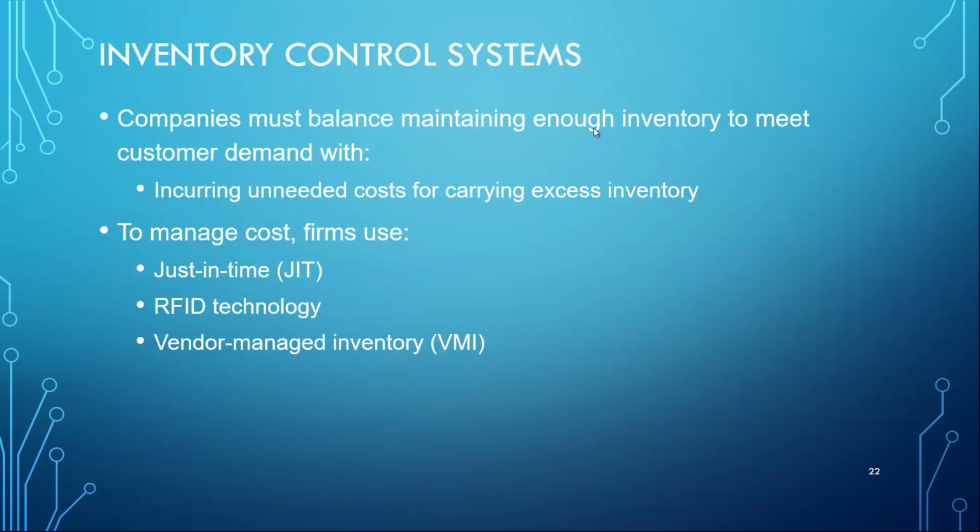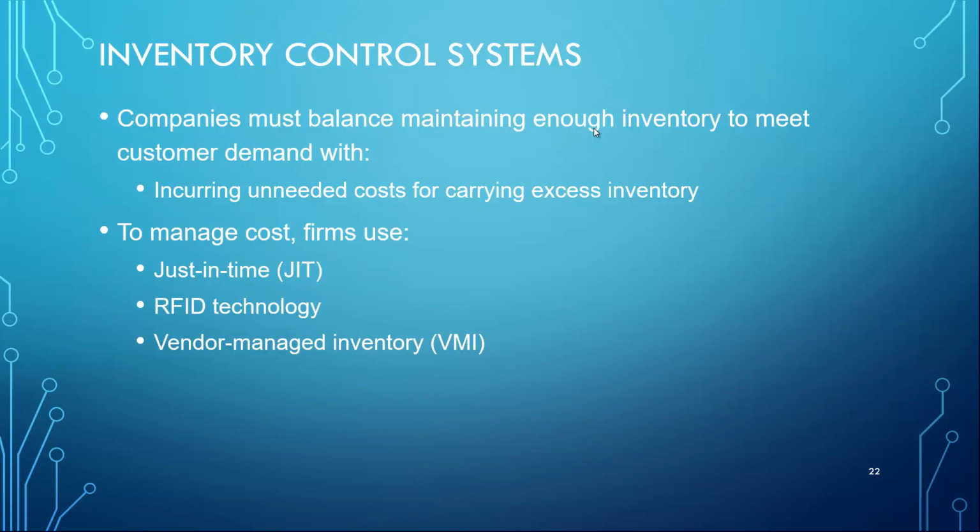Other physical distribution elements are inventory control, order processing, and packaging and material handling. We mentioned that before as a list of the elements of physical distribution. If a company chooses to store products for days, then a physical warehouse must be used and inventory must be managed and controlled.